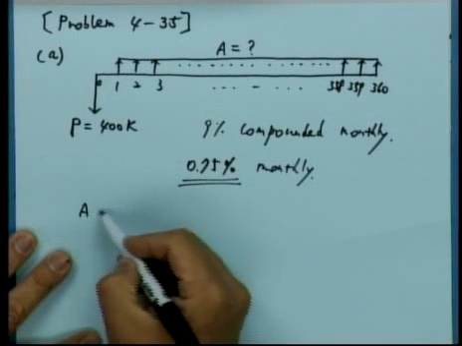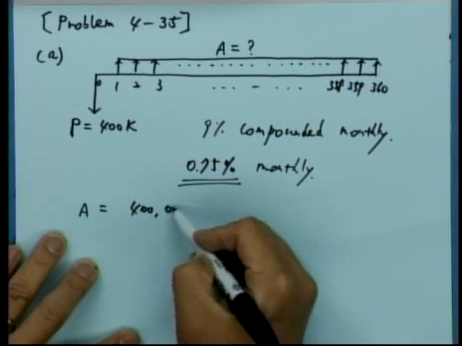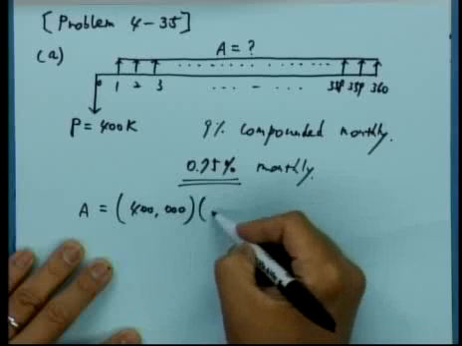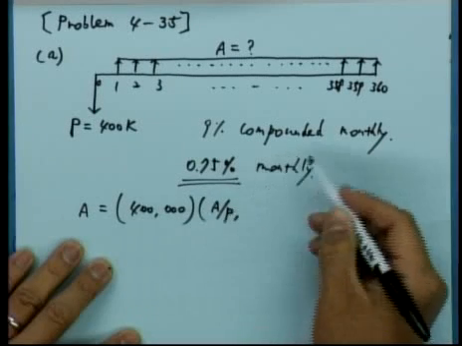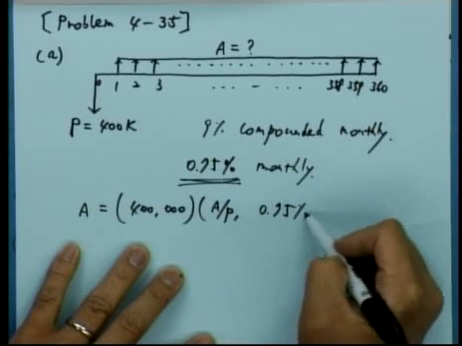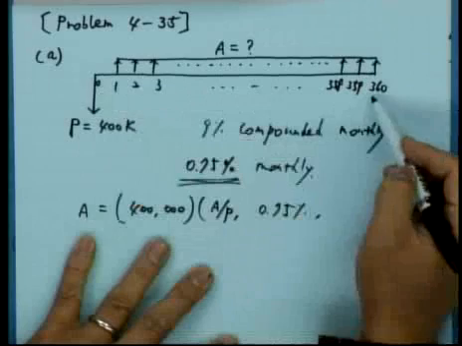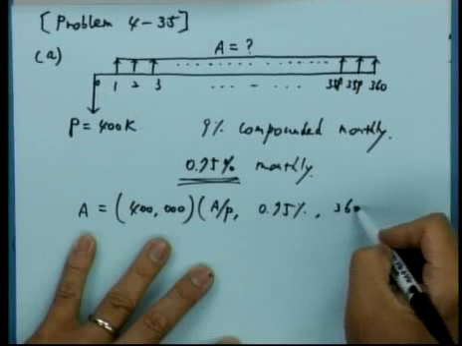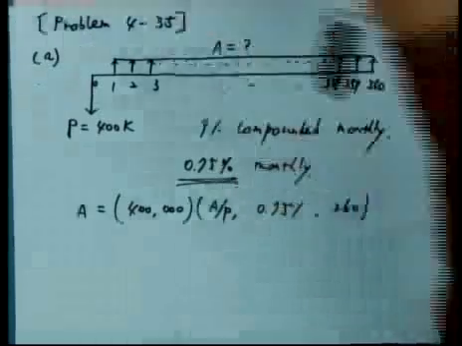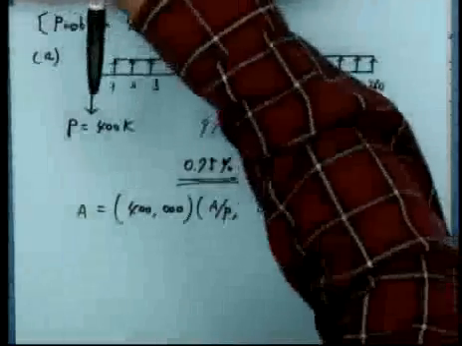So here we have A equals 400,000 from here, right? Times A given P and 0.75% over how many periods? Over 360 periods. So can you get this value from our table?